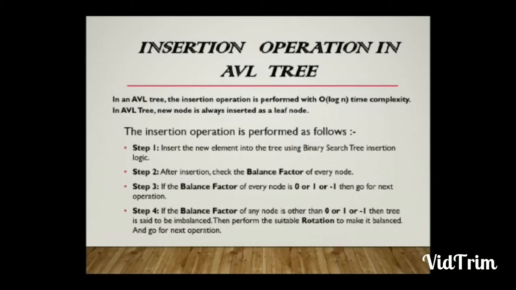Second, after insertion, we check the balance factor because the whole dependency of an AVL tree lies in the balance factor. If the balance factor is 0, 1 or -1, we go for the next operation if there is any. If not, we perform the rotations we studied earlier and make the tree balanced.